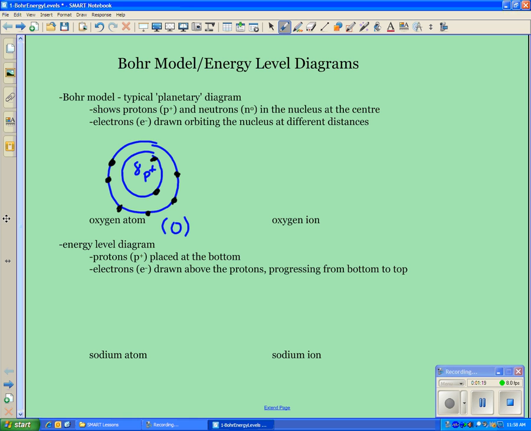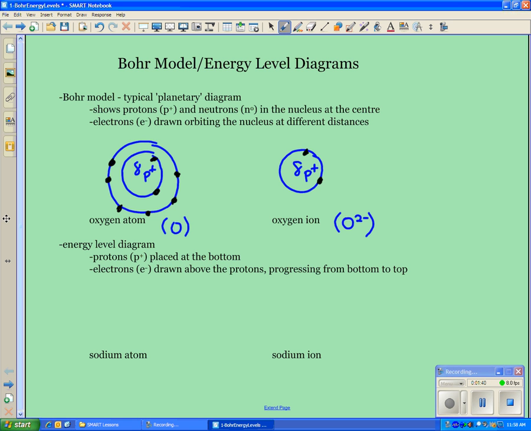Then our second example of the oxygen ion, O with a charge of 2 minus, would still have 8 protons in its nucleus, and we'll leave off the 8 neutrons. First energy level, again, 2 electrons.